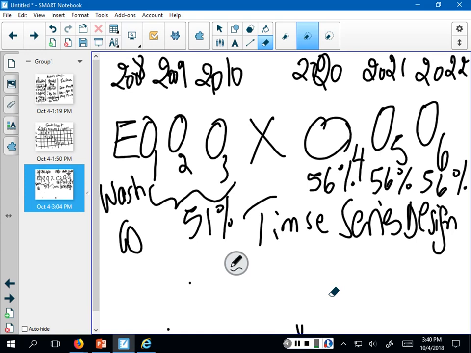But that again does strengthen that one group pre-test, post-test. The fact that you're not seeing any changes until you implement your intervention strengthens the design and again gives you more confidence in the validity of your findings. Okay?